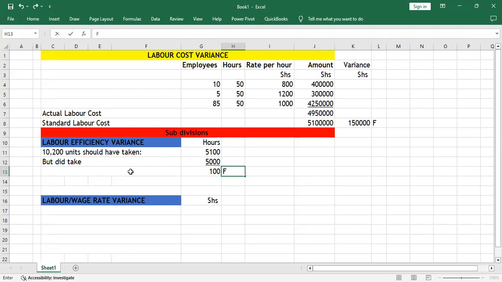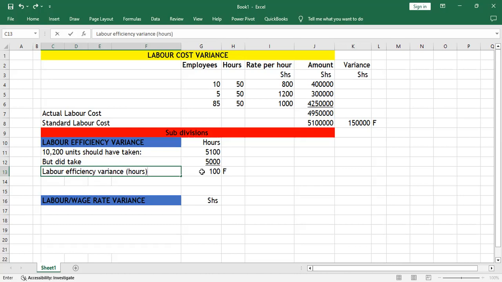We are using 5,000 hours instead of 5,100 hours. So the labor efficiency variance in hours is 100, and it is favorable simply because we are using fewer hours compared to what we should have used.